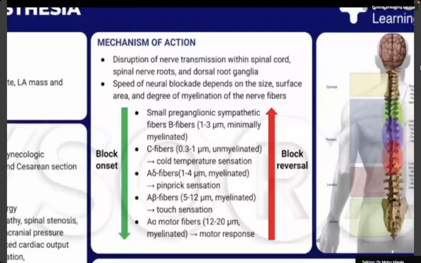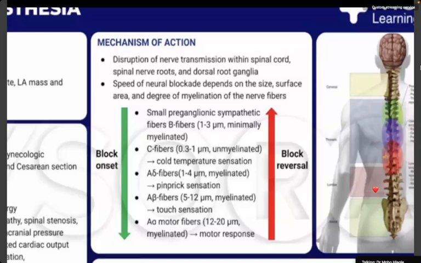So just look at where it says small preganglionic sympathetic fibers. Your autonomic nervous system fibers are the smallest ones, so they get blocked way quicker. So your sympathetic blockade happens way quicker, and they are minimally myelinated.